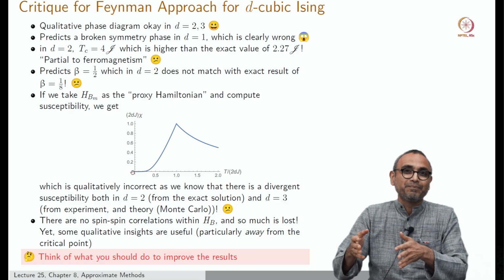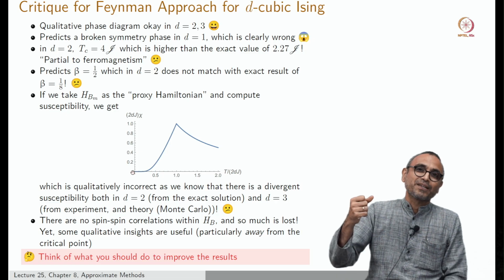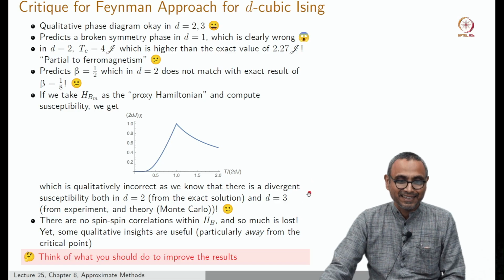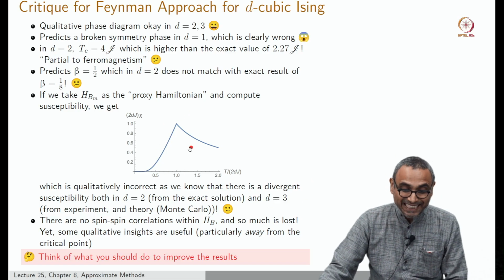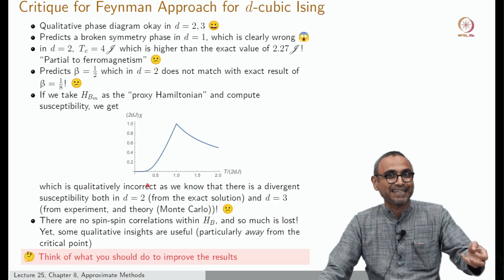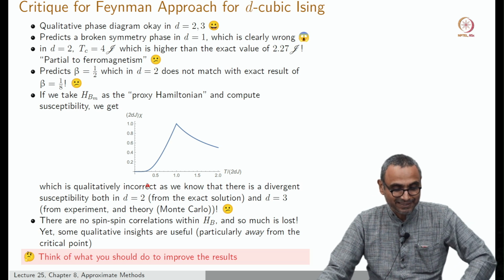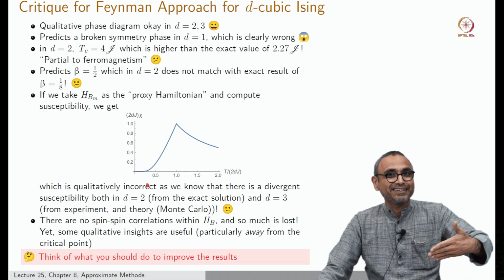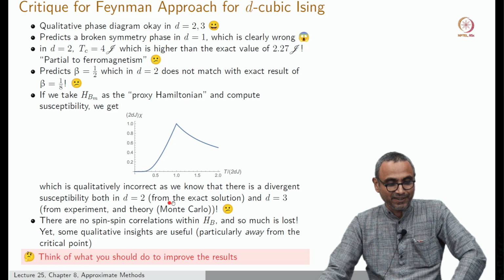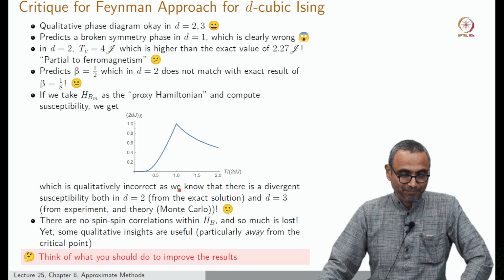And even if you take B equal to 0 in the variational Hamiltonian, you will find that they are uncoupled spins, and that story works very well at high temperatures. So the stuff that you are missing in this regime, although you have gotten the physics of the symmetry breaking, etc., correct, is the physics of correlations between spins, and this is why we are probably missing some of the quantities that we know are happening in experiments and in Monte Carlo and so on.